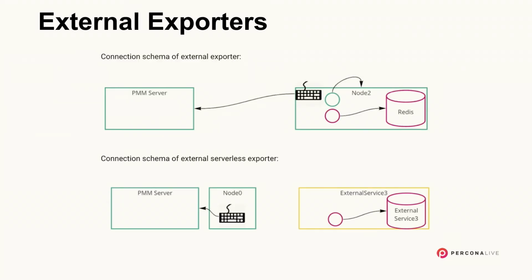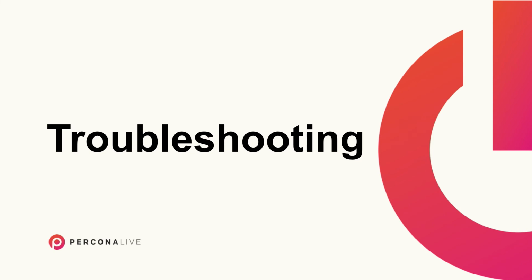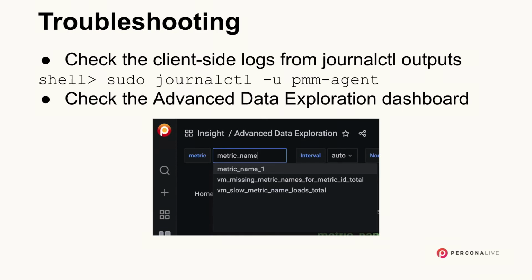So this is not the best architecture diagram ever, but it kind of explains this, or tries to. I'm not sure if it helps or not, but one is local and the other is remote, basically, right? And then PMM will also add labels and all of the metadata needed, and we will have our metrics in PMM.